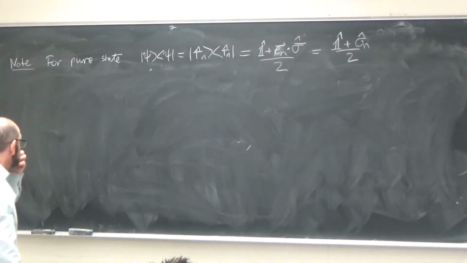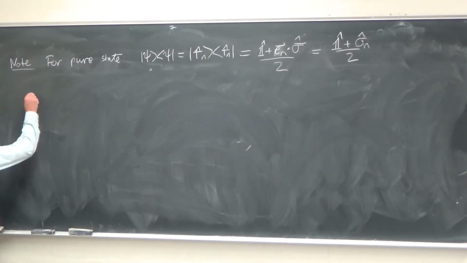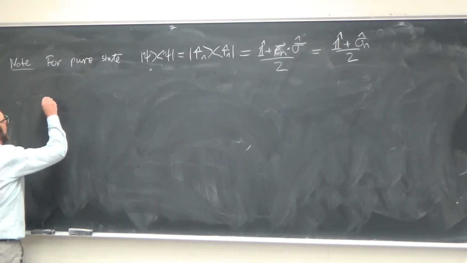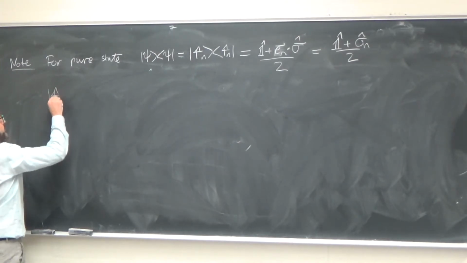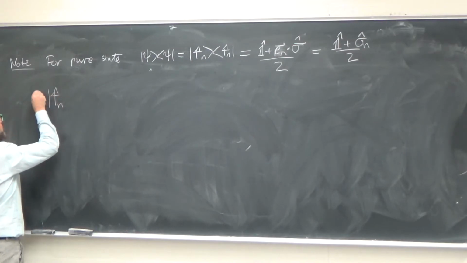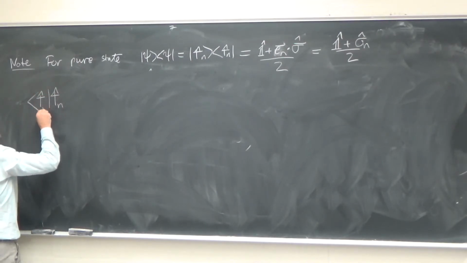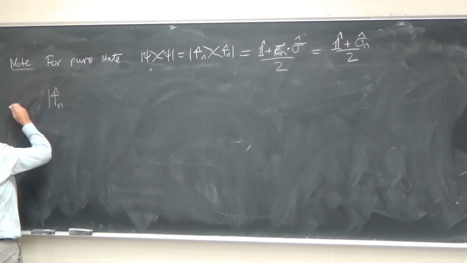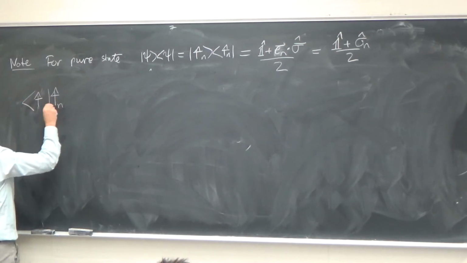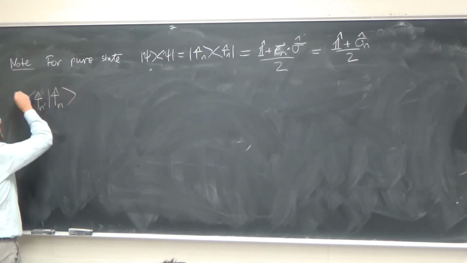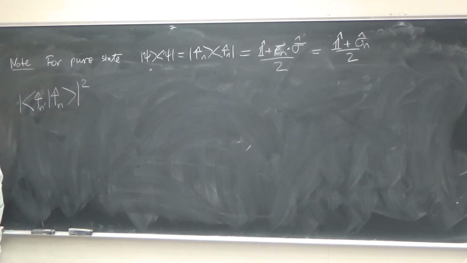So now I ask you the following question. Suppose I have 2 states, pure states, and I want to look at the overlap in Hilbert space between a spin along n and a spin along n prime. If I want to calculate that, there's lots of ways to do it.